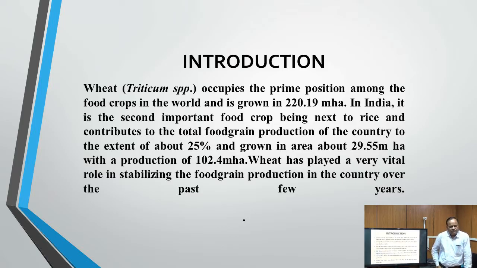The types of wheat are bread wheat, that is Triticum aestivum, then durum wheat, that is Triticum durum, also known as macaroni wheat. Then the third one is Triticum dicoccum, also commonly known as emmer wheat.